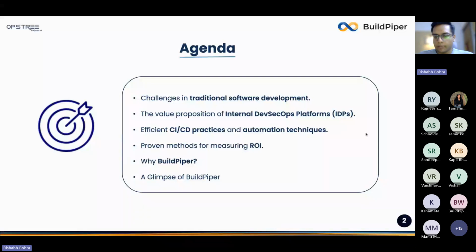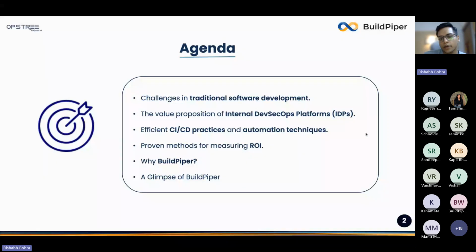Fantastic. I'm not sure how many of you have missed the screen and the topics that I was talking about. But again, we'll be starting off with the challenges and the current state of traditional software development and how it keeps on evolving. Then the value proposition of the internal DevSecOps platform, what all things you need to create an internal DevSecOps platform, and how the existing enterprise IDPs can help you in achieving your targets, help you in terms of faster time to market, and then achieving security compliance and faster software delivery without compromising on these multiple pillars.